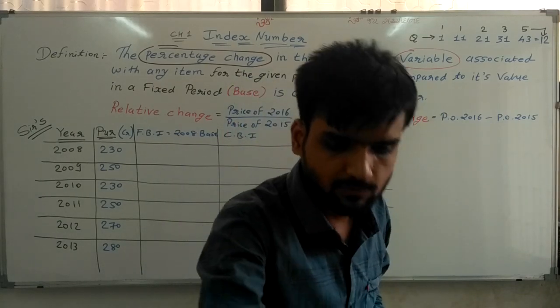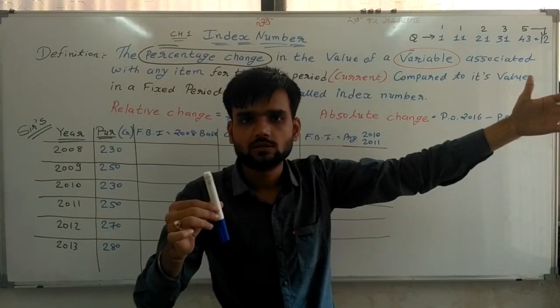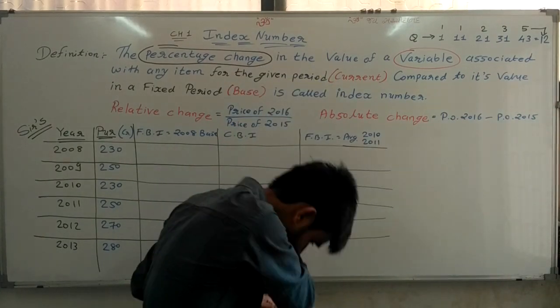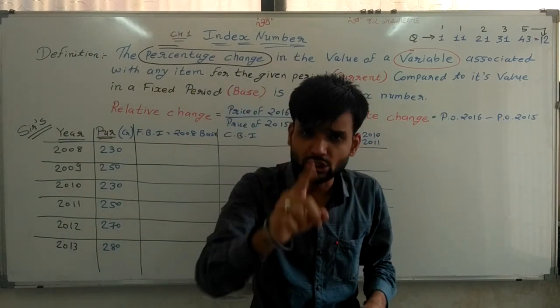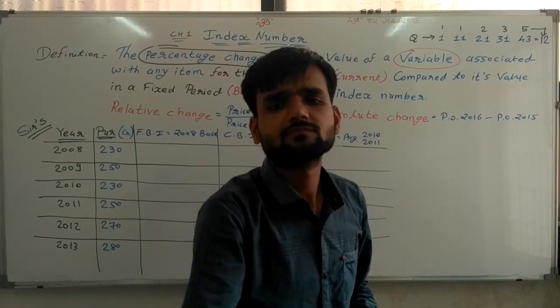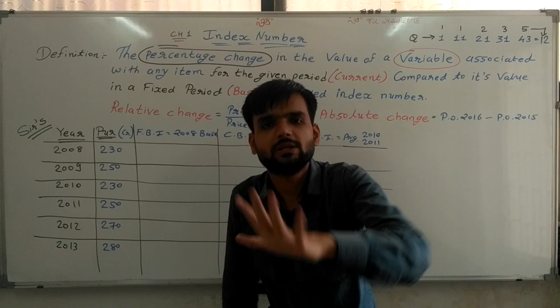one pen, this marker, its price was 10 rupees in 2001. Now its price today is 15 rupees.